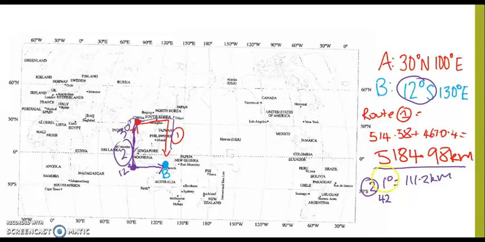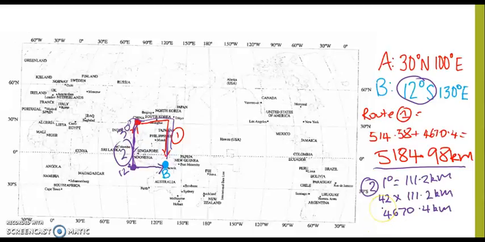If we have 42 lots of 111.2 kilometres, then we are travelling a total of 4,670.4 kilometres. You'll notice it's the same as what we worked out before, because with lines of longitude, it doesn't matter which one you're on, 1 degree always equals 111.2 kilometres.